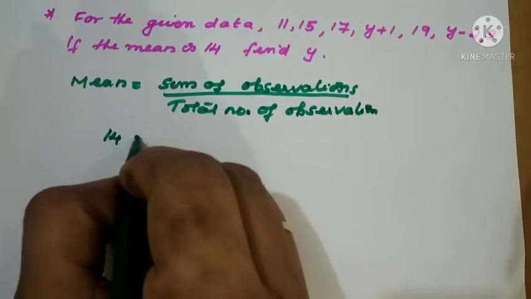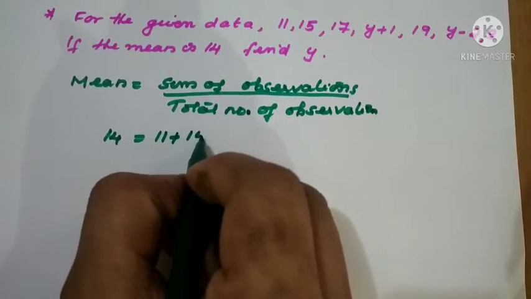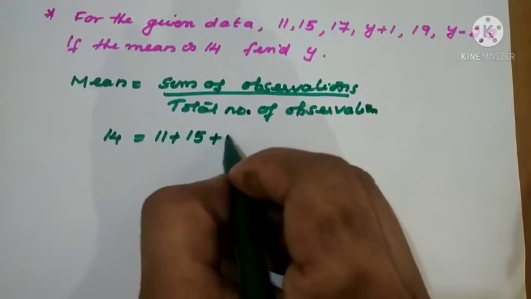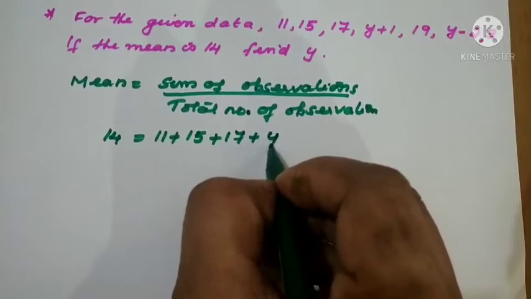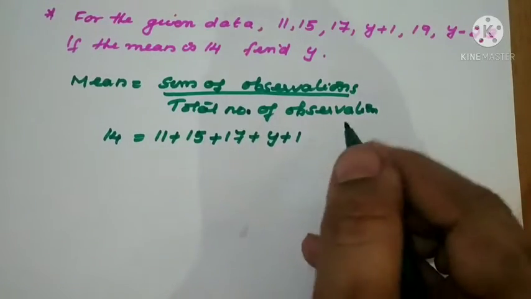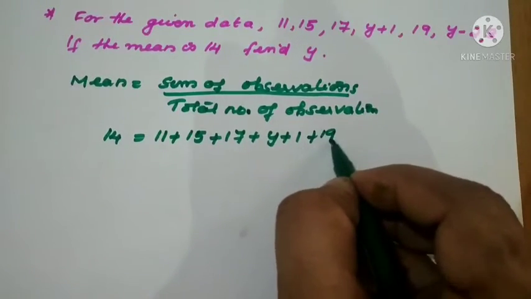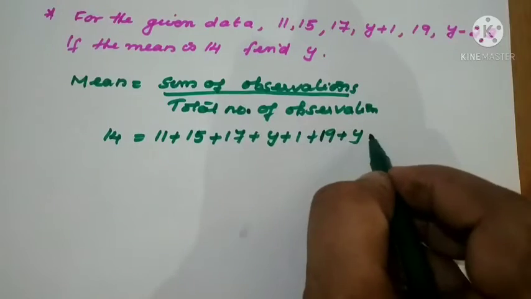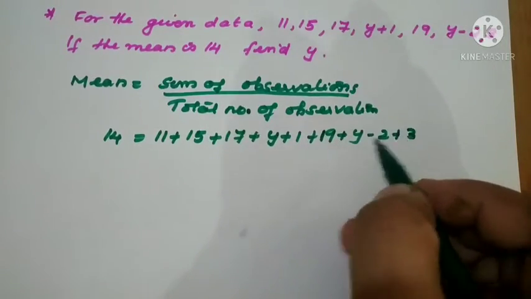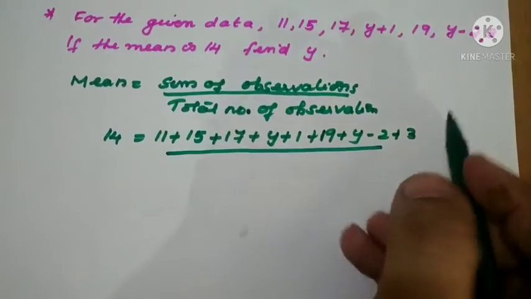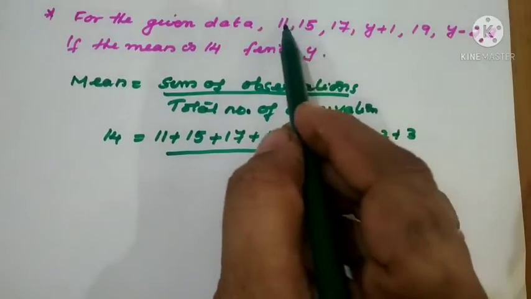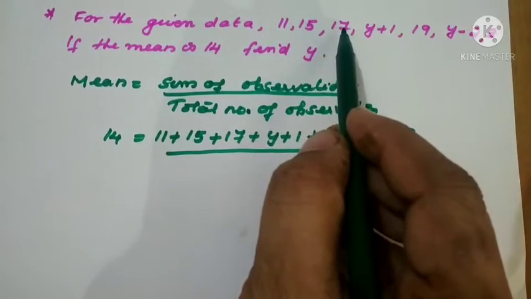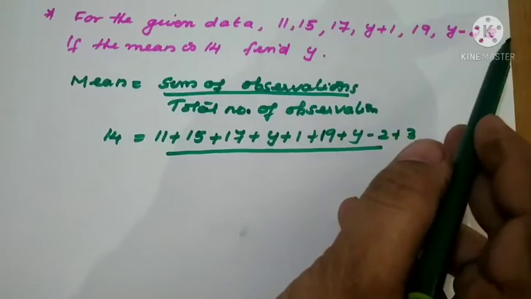So 14 equals 11 plus 15 plus 17 plus y plus 1 plus 19 plus y minus 2 plus 3, whole divided by, how many observations are there? 1, 2, 3, 4, 5, 6, 7.